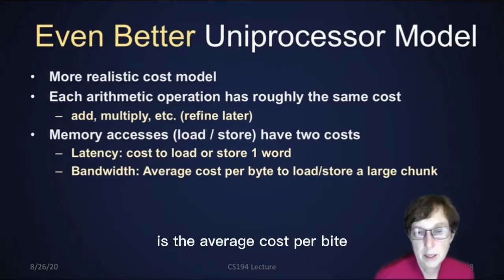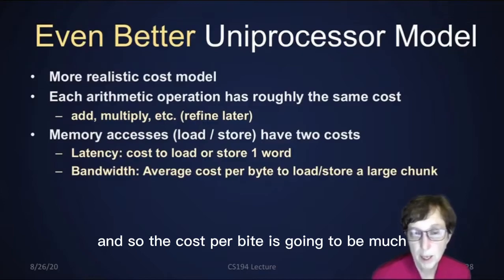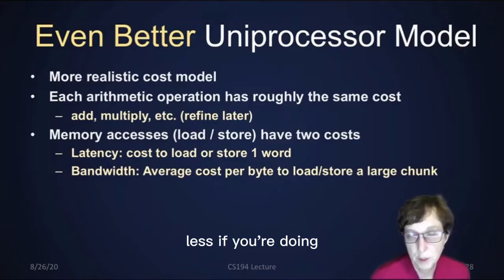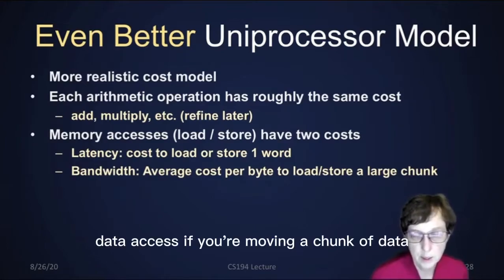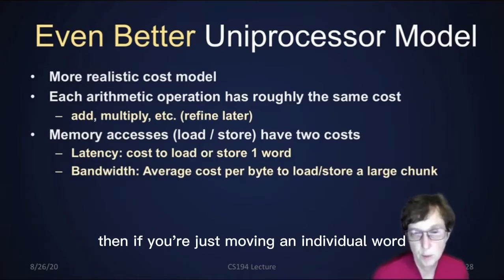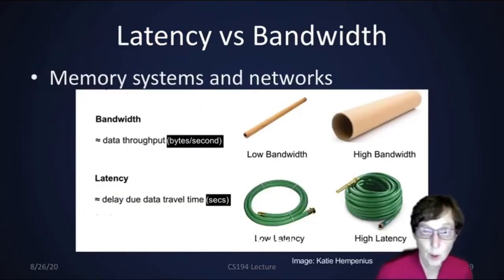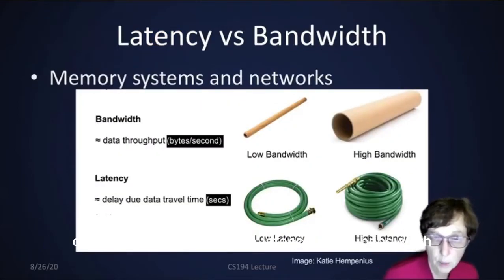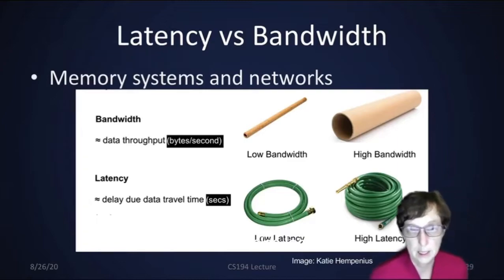Bandwidth, on the other hand, is the average cost per byte of doing a load or store of a large chunk of memory. And so the cost per byte is going to be much less if you're moving a large chunk of data than if you're just moving an individual word. This is one of the things you'll be looking at in homework 1: how to measure the latency and the bandwidth from the software, so that you can get a sense of what the hardware bandwidth and latencies look like.